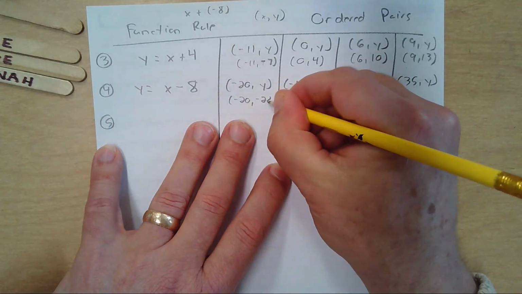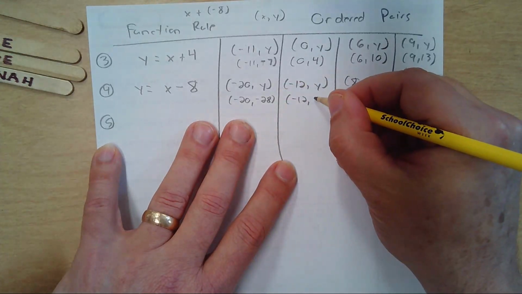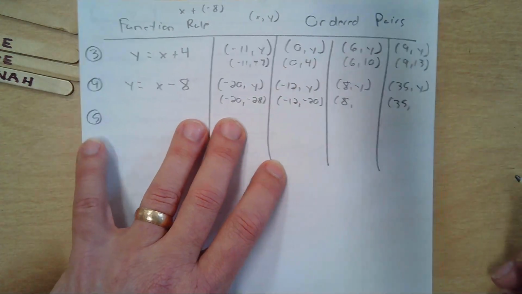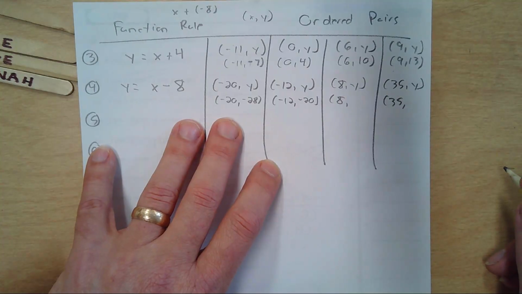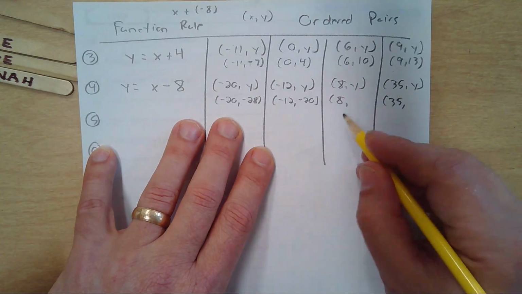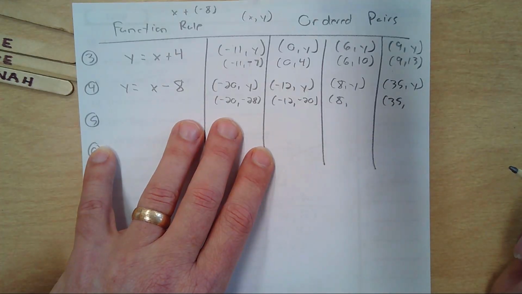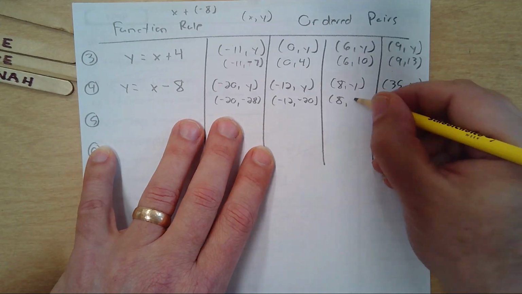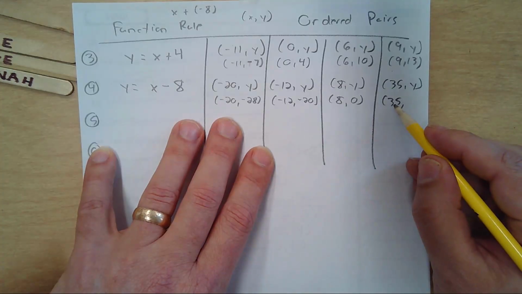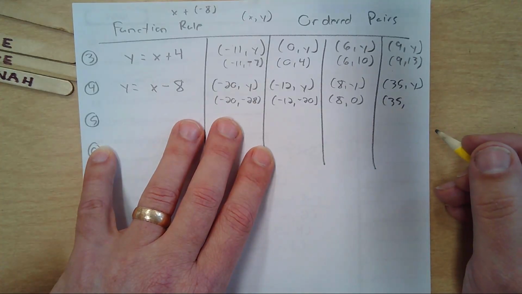Negative 20, negative 28, negative 12, negative 20. Next one. 8, what? 8, 0 and 0. 8, 0, 35, 43. No.